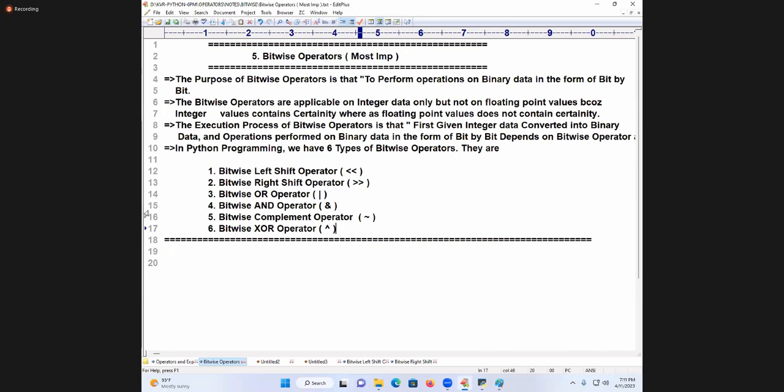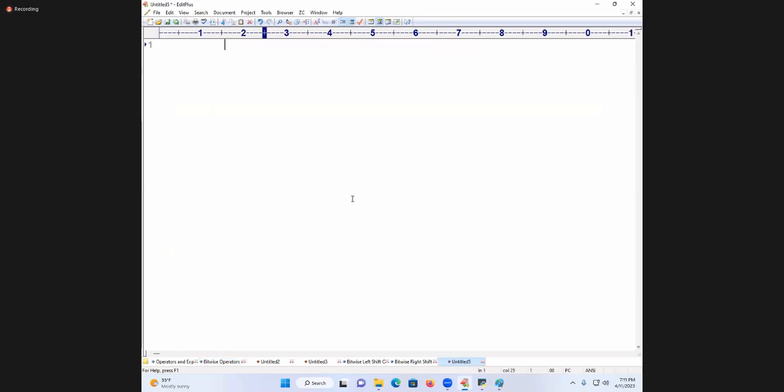Okay, now I'm going for which operator? Bitwise OR operator I am going to explain. Shall I? Let's start with the bitwise OR operator. See students, take care. Now I am taking the bitwise OR operator. Very powerful.